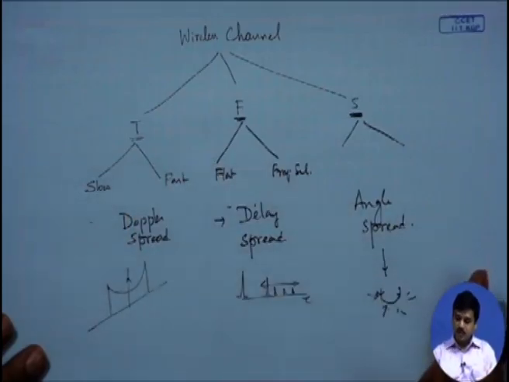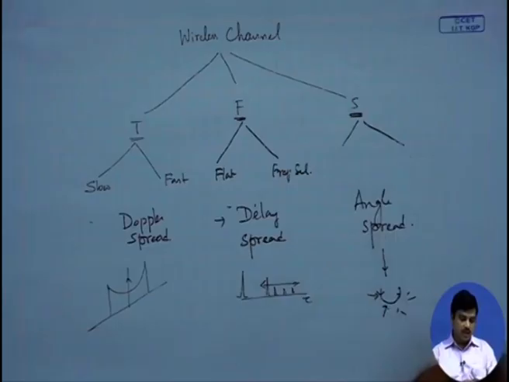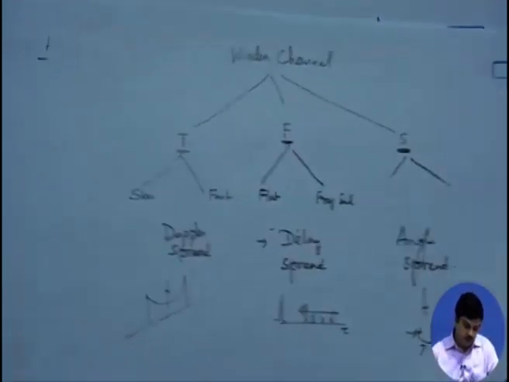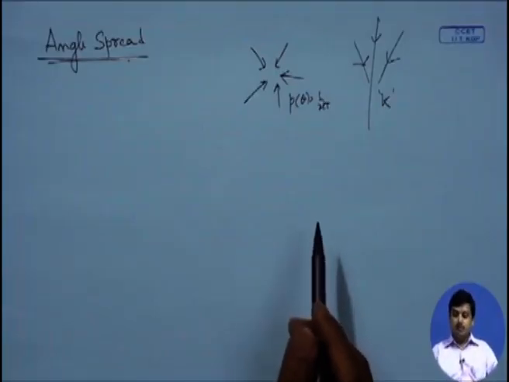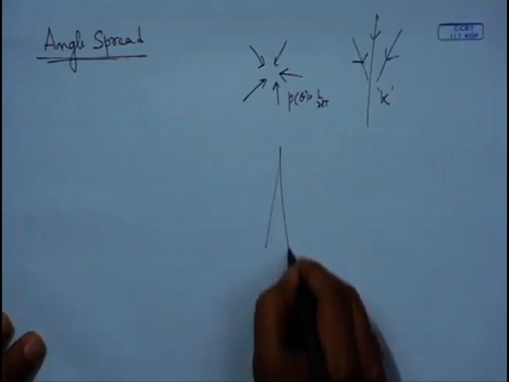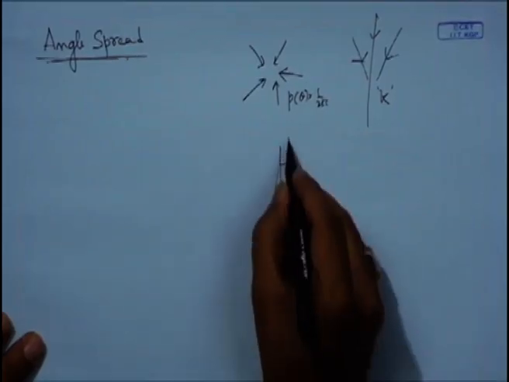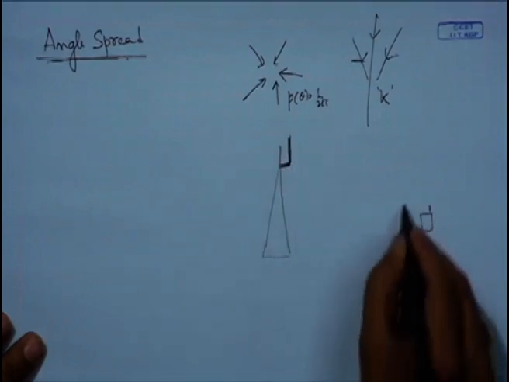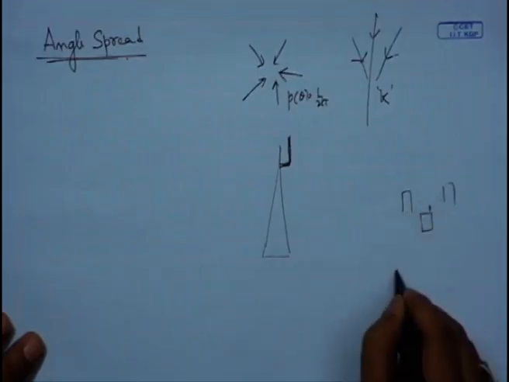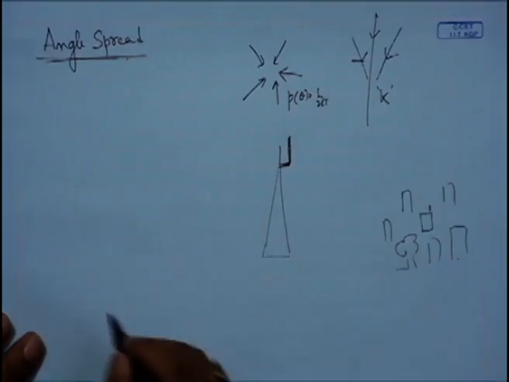So these are the descriptions in the 3 dimensions, and here we will see what the effect of it is and how it is described. Typically if you look at a mobile station, usually the base station is at a height, and the mobile is usually surrounded by buildings and a lot of scatterers. That is usually the scenario.